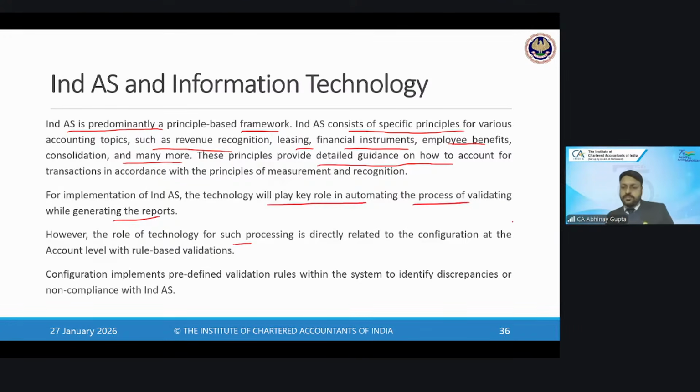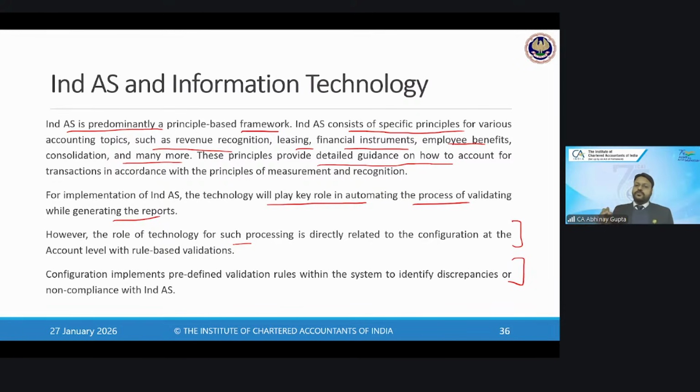So what I am saying here is, instead of me doing everything, I can leverage the technology to do it for me, right? I can create an account-level configuration in my system that this account belongs to the debtor category, this account belongs to the creditor category, right?